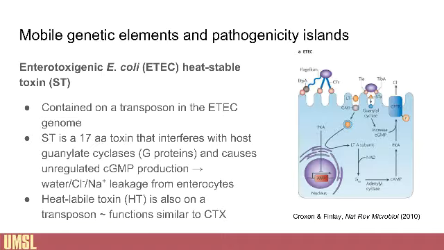So these HT and ST producing ETECs are commonly what's associated with traveler's diarrhea. So if you were to go to Mexico, drink some unpurified water, and get horrible diarrhea, it's probably because of the combined function of these two. Okay.